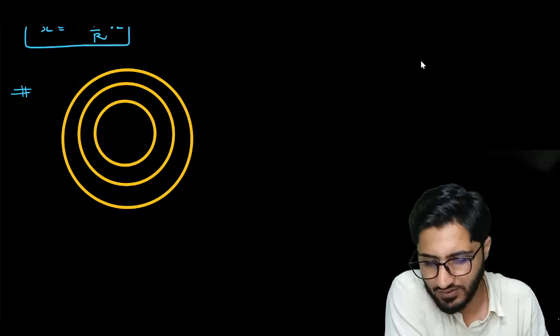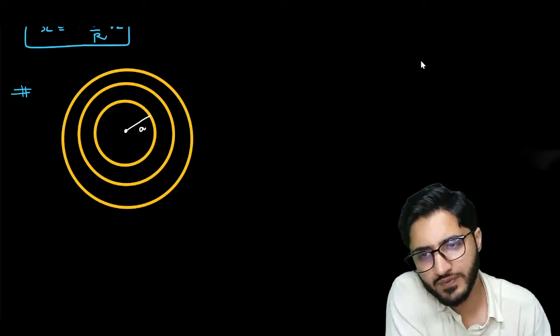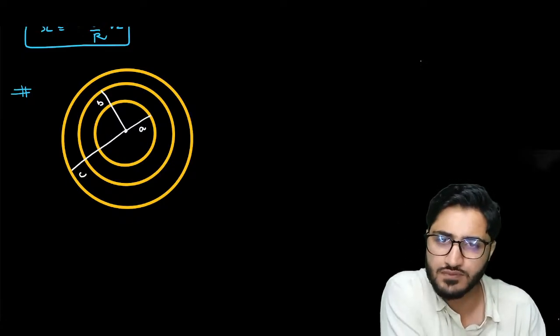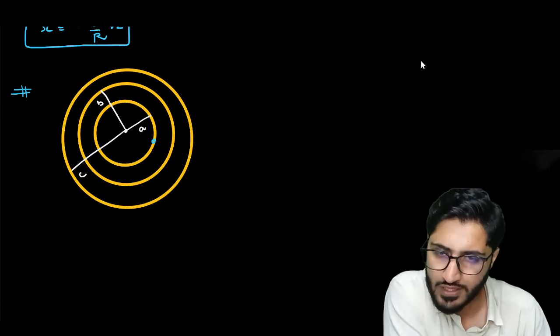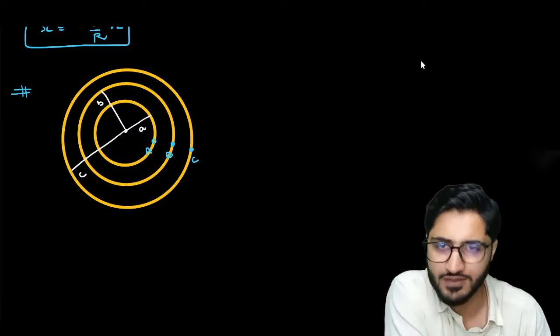The first one has radius A. The second one has radius B. The third one has radius C. Point A, point B, point C.